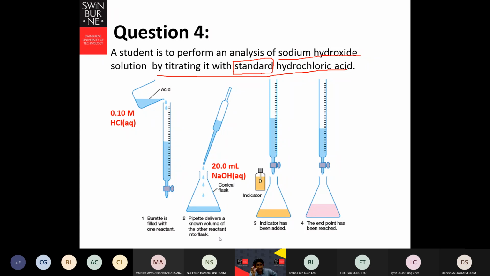But at some point, the whole solution turns pink suddenly, and that color does not disappear at first. It stays there for 1-2 minutes. After that, of course, it will disappear, but it stays there for some time.